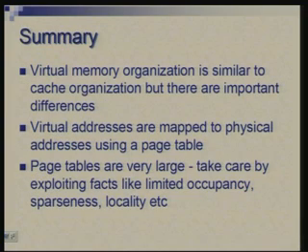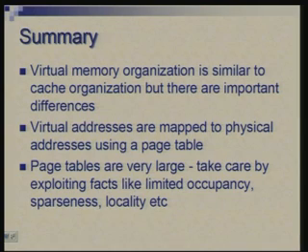So, let me summarize at this point. We started by comparing virtual memory and cache organization and noticed similarities, and also noticed the differences. Differences are important, otherwise things will not work with the efficiency we want. The key mechanism here is the page table, which is used to translate virtual addresses to physical addresses.